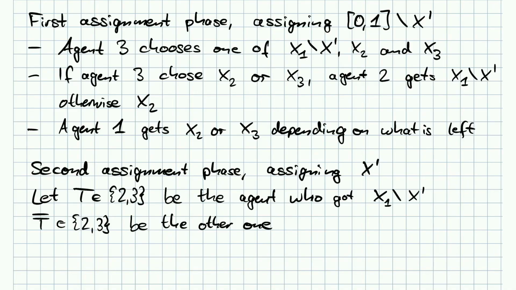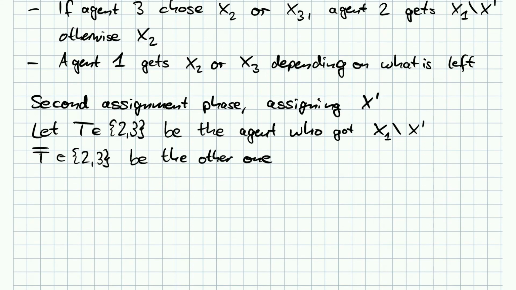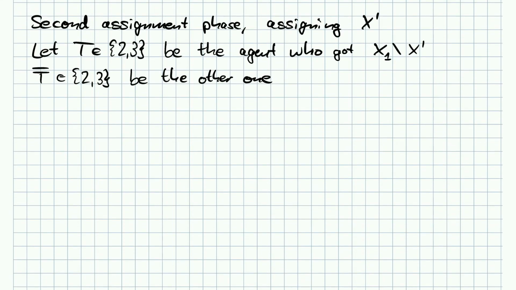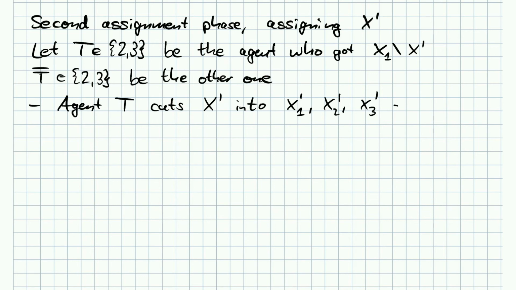Now we'll have to also assign x prime. How do we do that? Agent T bar cuts x prime into x1 prime, x2 prime, and x3 prime, such that they value all of these three the same.